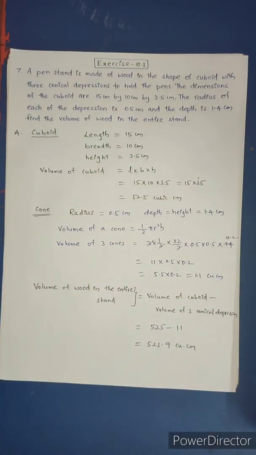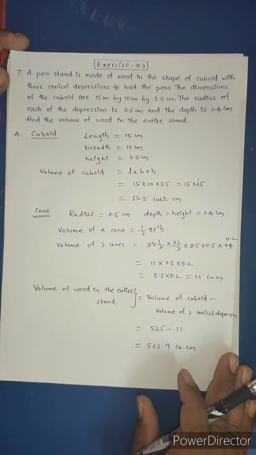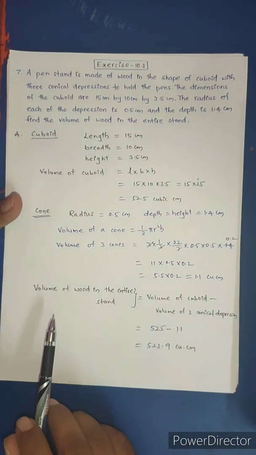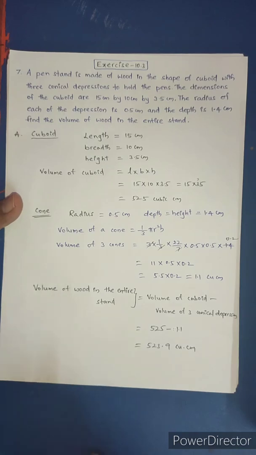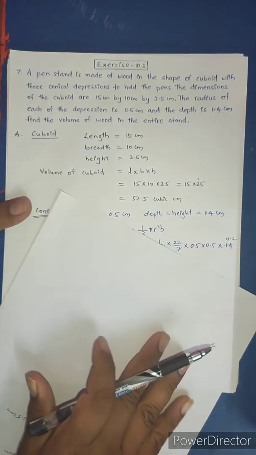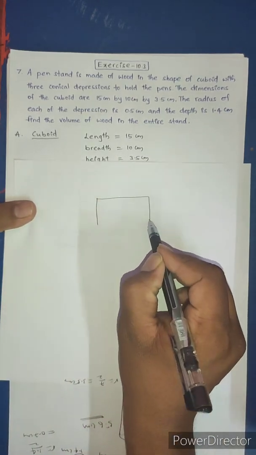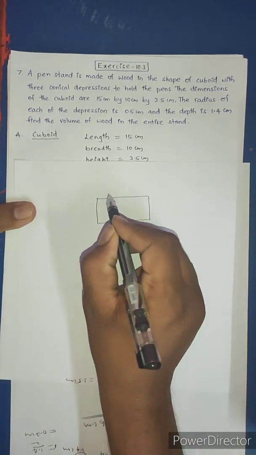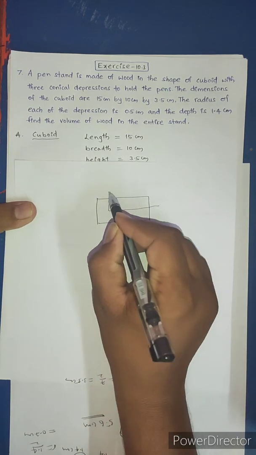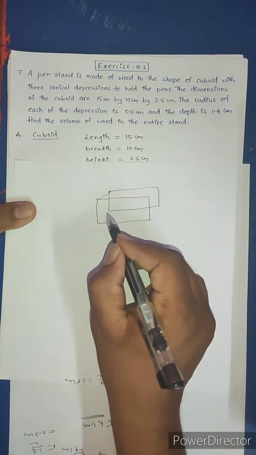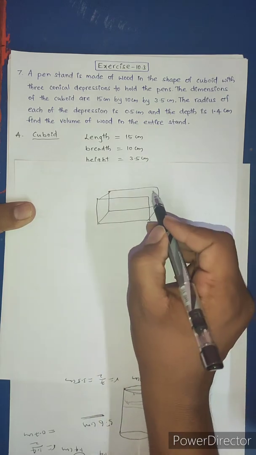Now next, 7th problem, the last problem in this exercise. A pen stand is made of wood in the shape of a cuboid. See, one pen stand in the shape of a cuboid.